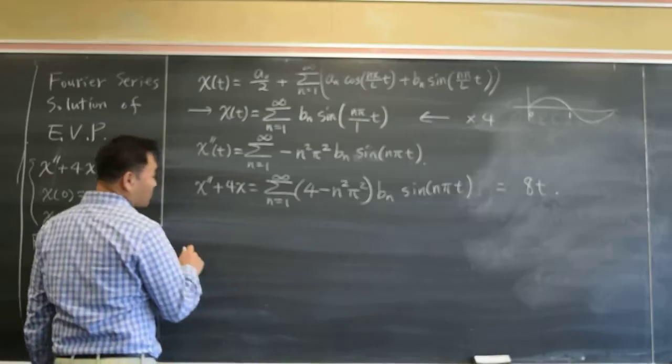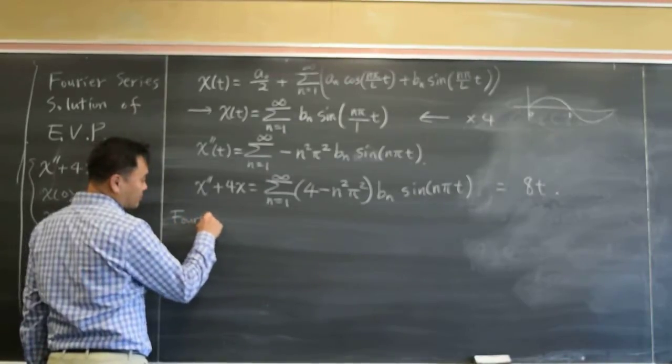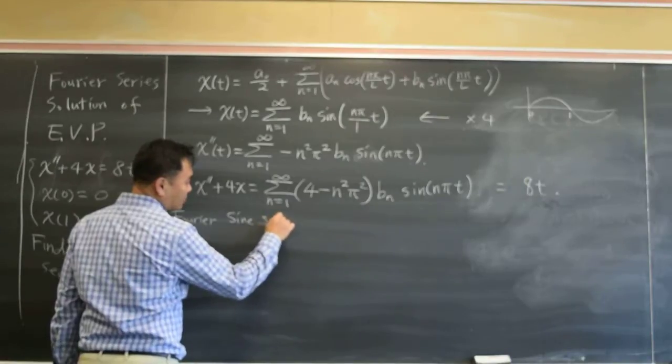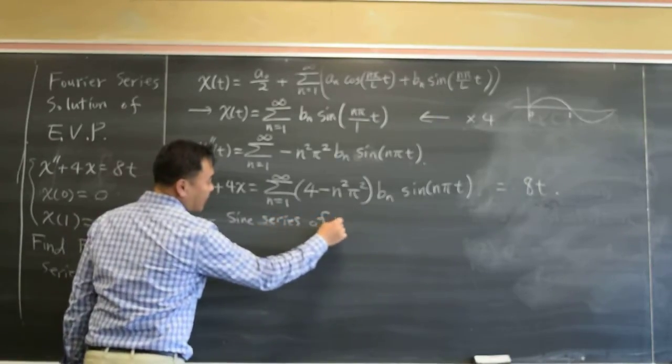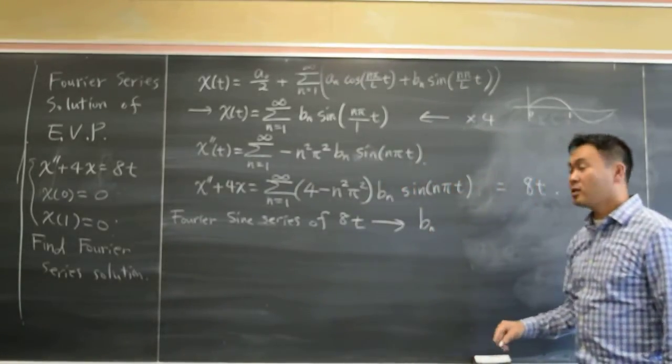Okay. All right, so right now, to do the Fourier sine series of 8t, you require Bn. And what's the formula?